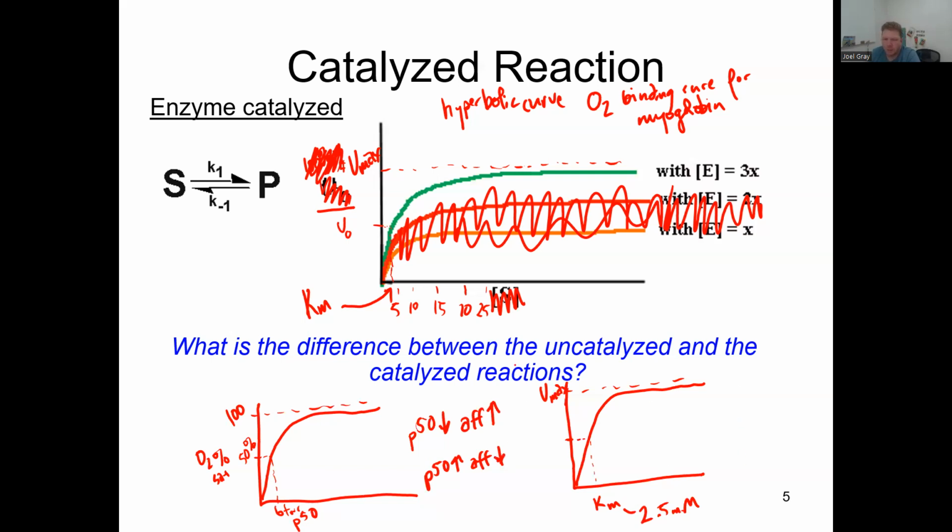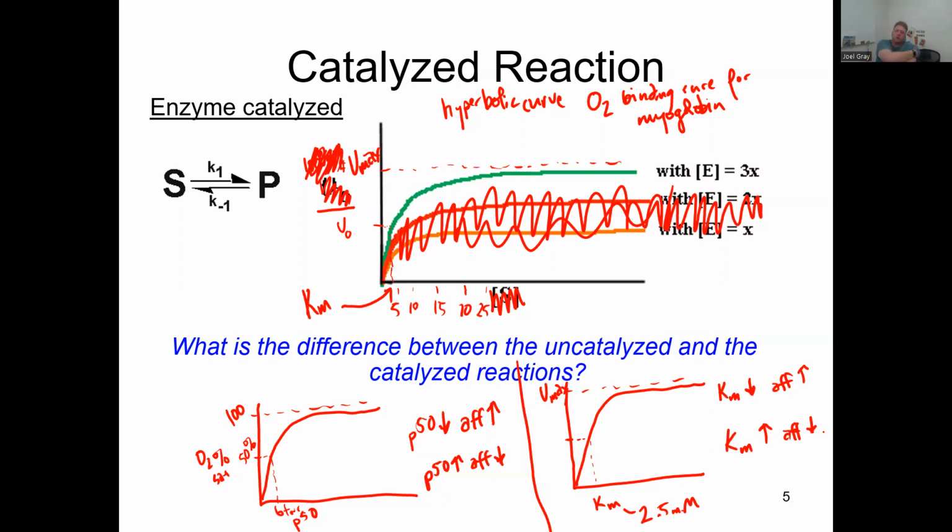So similarly, if your Km goes down, that enzyme's affinity for that substrate, what do you think happens? Goes up. Km goes up. What does that mean for the enzyme's affinity for that substrate? That goes down.